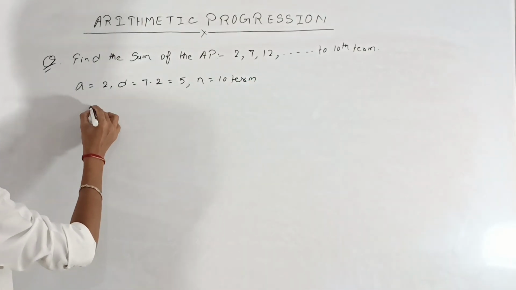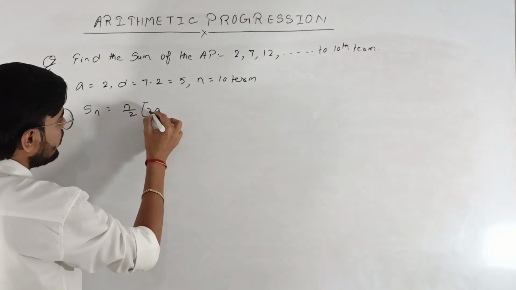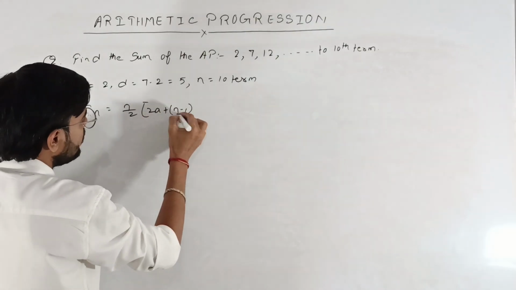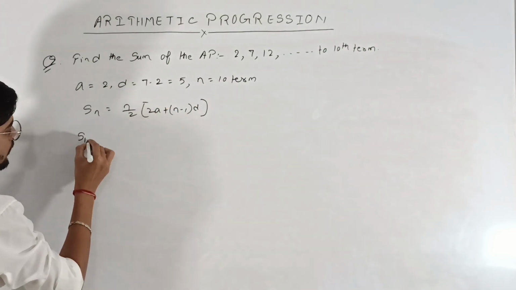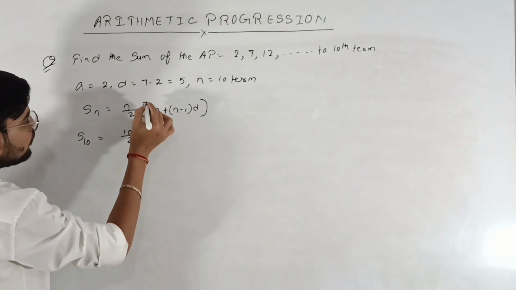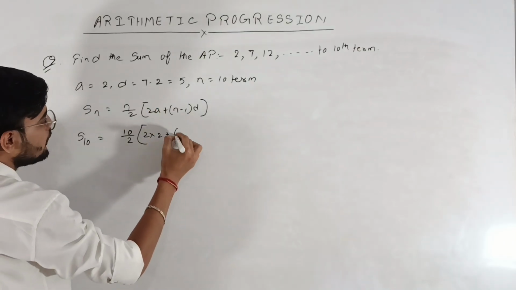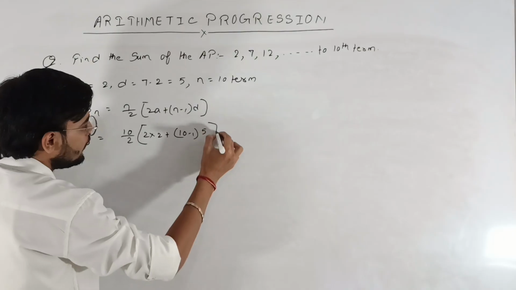Now the formula for sum is Sn is equal to n upon 2, 2a plus n minus 1 into d. So for 10 terms, S10 is equal to 10 upon 2, 2 into a, which is 2, plus n minus 1, which means 10 minus 1, into d, which is 5.